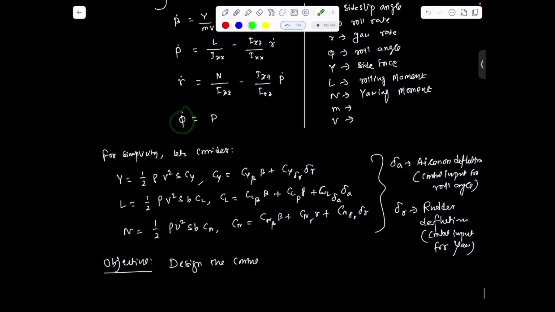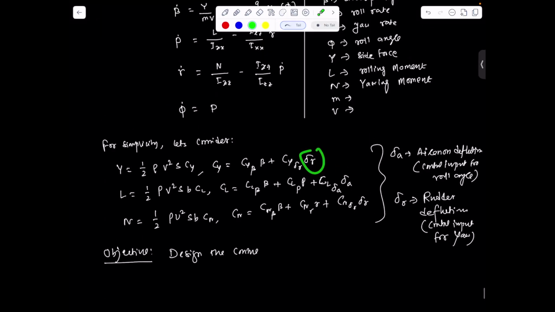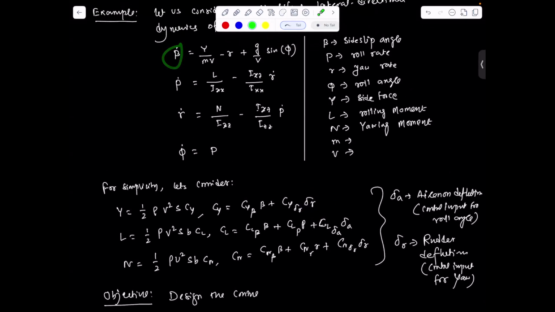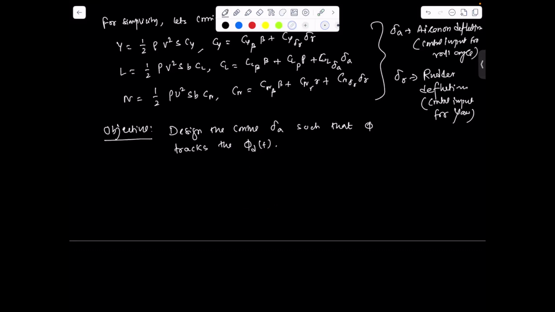You can follow the same steps to design delta R and control your beta angle also. So our control objective is to design the control delta A such that phi tracks the desired phi. This is a very interesting problem because we are going to track a particular value of the desired trajectory.